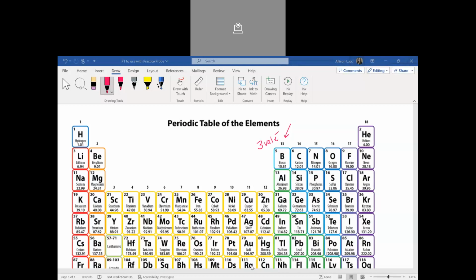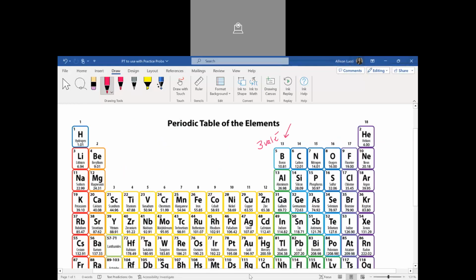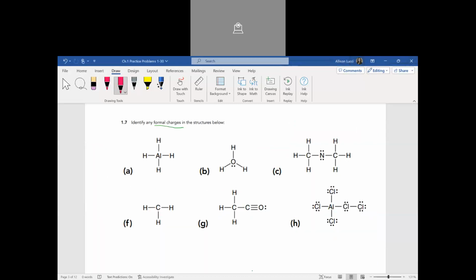So our first structure, we're asked to identify formal charges, and we see that aluminum is a group 3 metal. So we'll go back to our periodic table, and we see that it's in group 3. It should have 3 valence electrons, but when we go back to the structure, we see that it has 4 covalent bonds here, or 4 bonds formed with our hydrogen atoms.